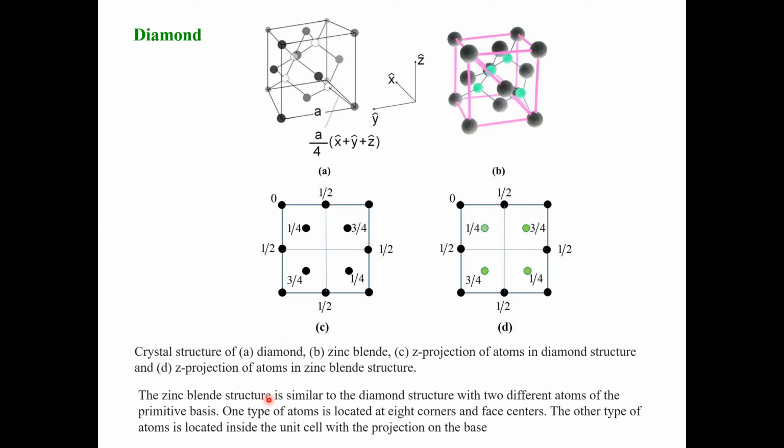Or another example, gallium nitride or gallium arsenide. Okay, so think about some more. And if you have more time, look for the applications. It's really practical for a lot of zinc blende structures.